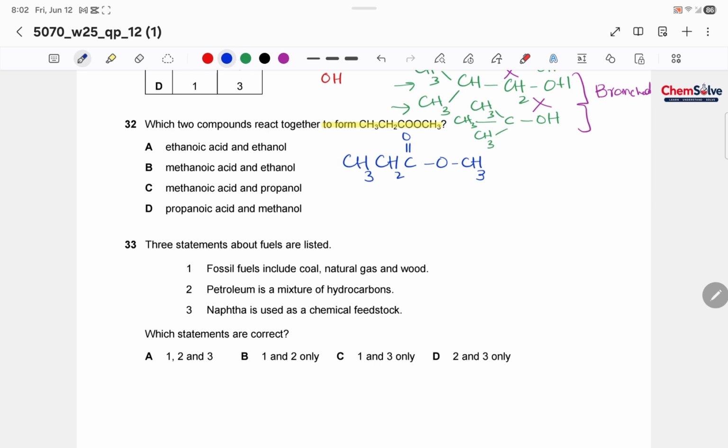We know that the first part of the ester belongs to the acid and the last part it belongs to alcohol. So if we break down it from here, what will happen?